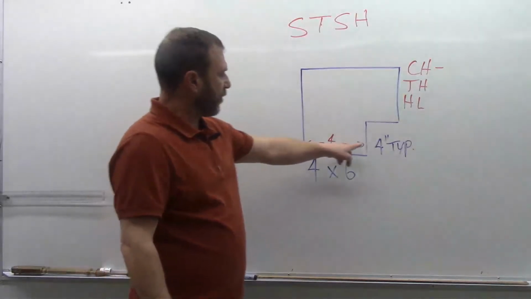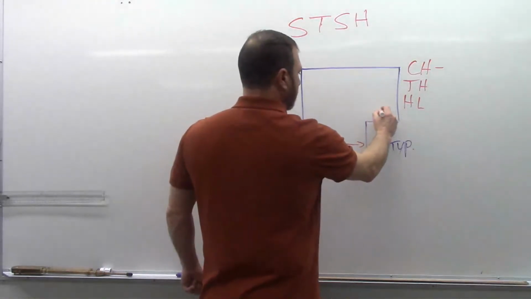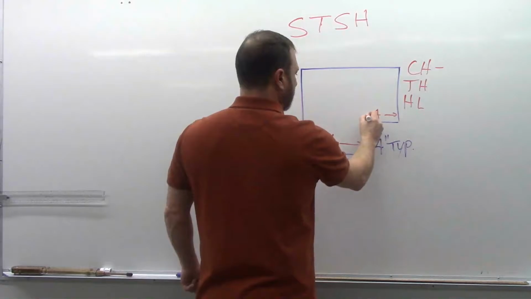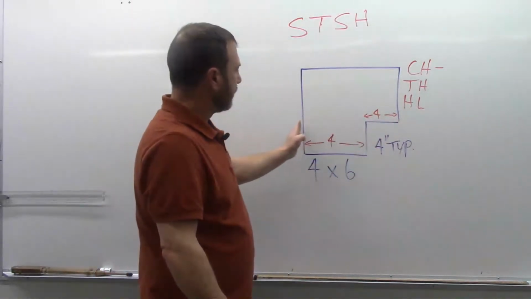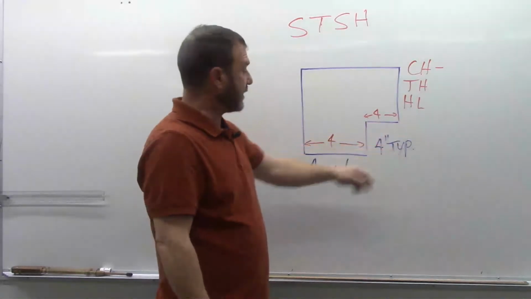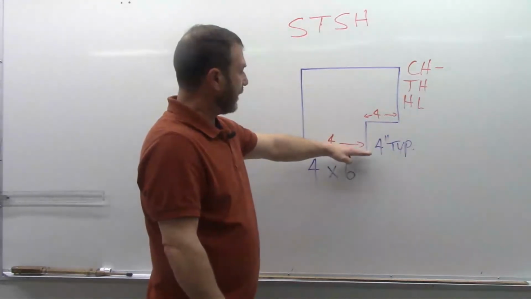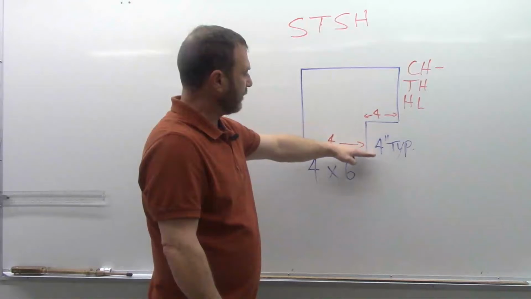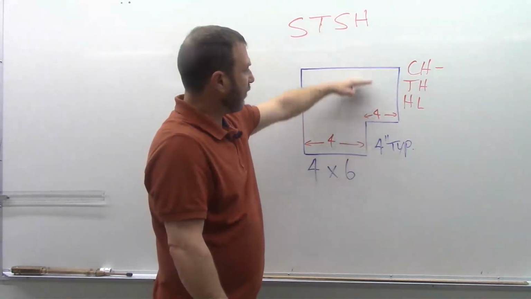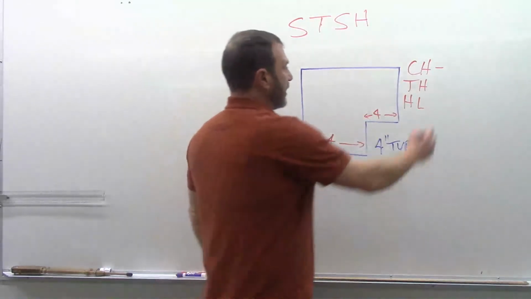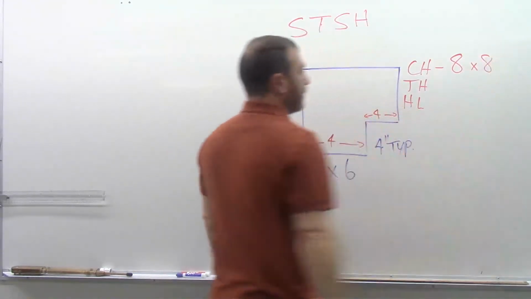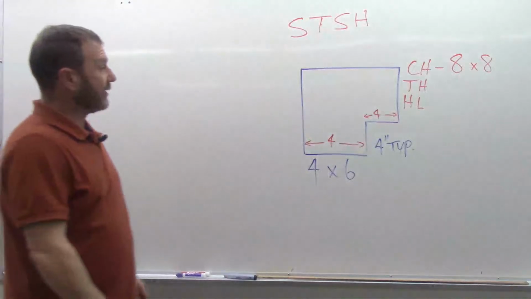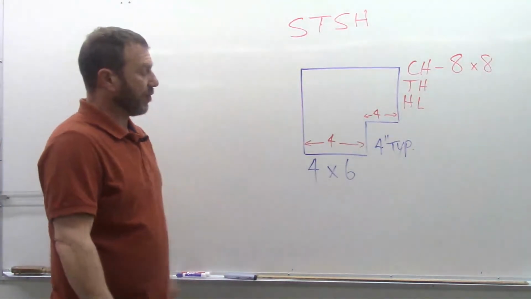Again, if we look, we're 4 here, we're 4 here, giving me 8 across here. The same blank size as the radius one, and again I'm 4 going this way in the throat, and then 4 in the opening again. So my cheek in this case is the same as it was before, 8x8 for this one. That'll encompass the whole part.